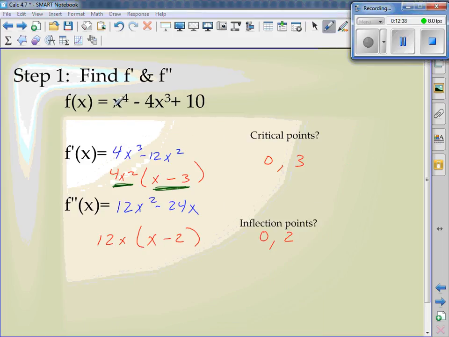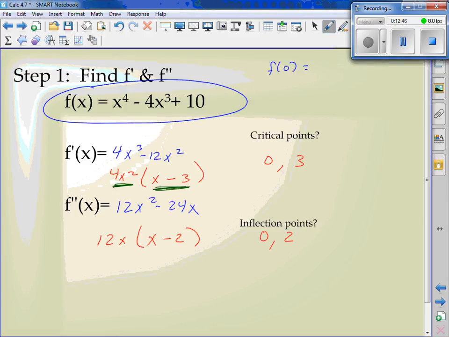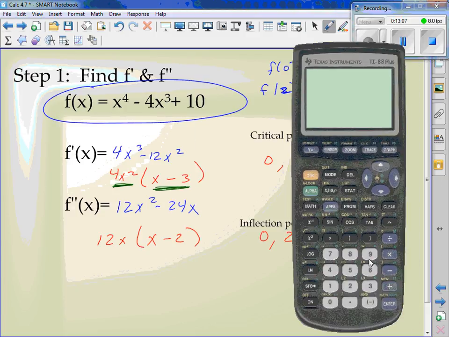You're just going to put those 3 points into the original function. The original one. So I'm going to put in f of 0. 0, 0, my answer is 10. F of 2. So I have 2 to the 4th minus 4 times 2 cubed plus 10. Negative 6.